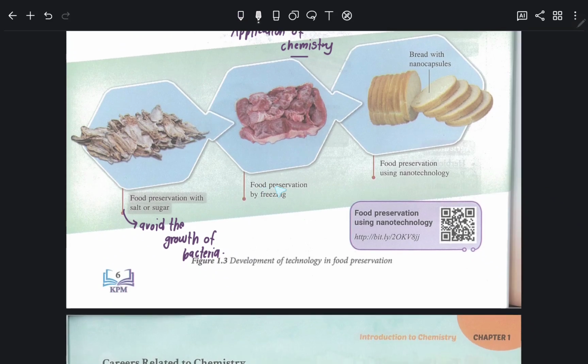Then by freezing, sometimes we will preserve our food. We keep it in the refrigerator. I don't know the spelling, I also forgot the spelling of refrigerator. But whatever it is, the method is we put it in the refrigerator. If you go to the supermarket, you can see they put nuggets, hot dogs and everything in the refrigerator.